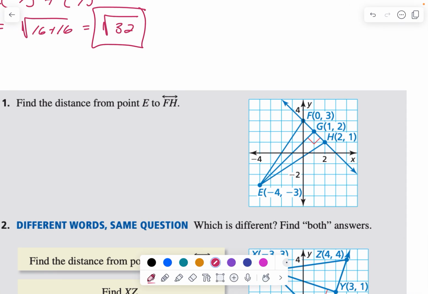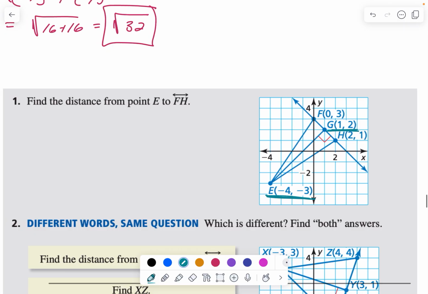Now we're going to try this one. You could try it on your own first if you want. We need to use E and G because you can see from point E to that line, that is the perpendicular length. So we've got (-4, -3) and (1, 2).